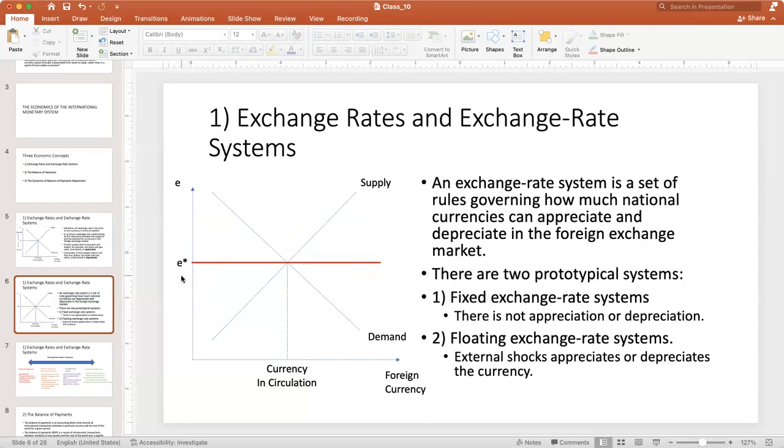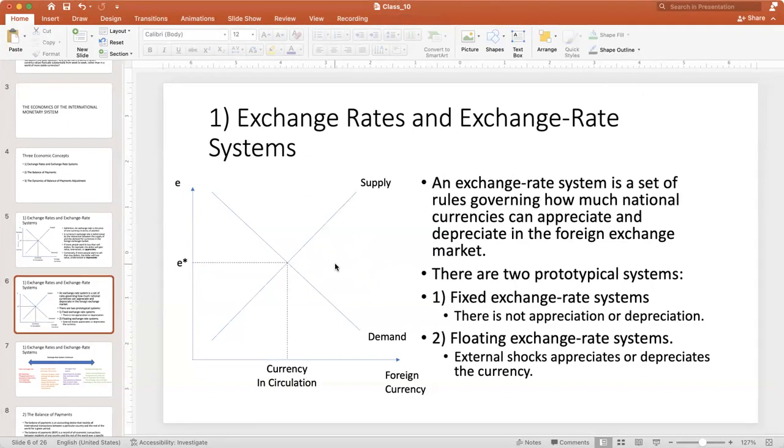However, the other prototypical system is the floating exchange rate system, which is basically when you don't have the exchange rate fixed and you let the price float based on the dynamics of the market.